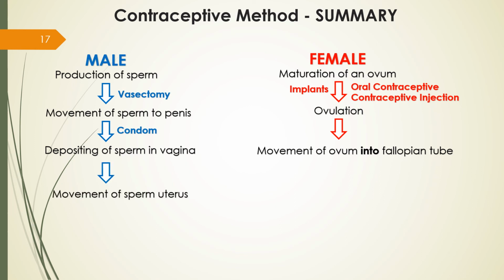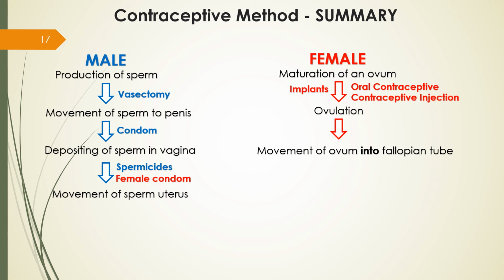For men again, once the sperm is inside the vagina, what can I do to avoid the movement of sperm inside the uterus? You can use spermicides. We did not talk about it yet, but spermicide is not very effective, but it decreases the speed at which the sperm moves, okay?